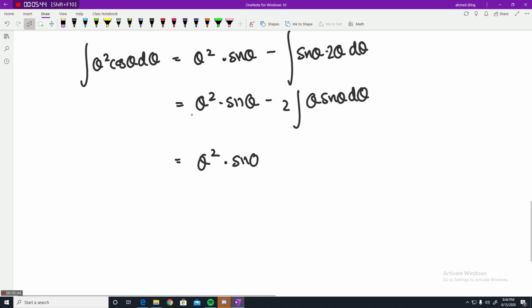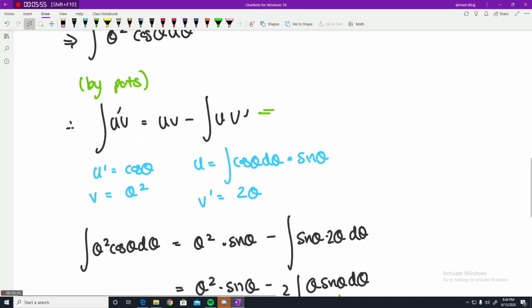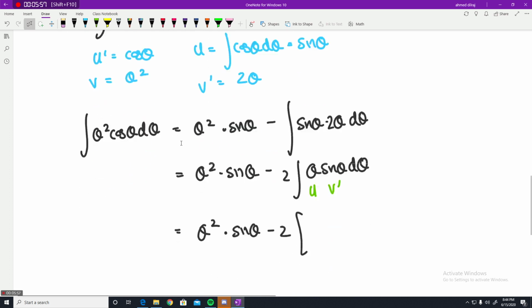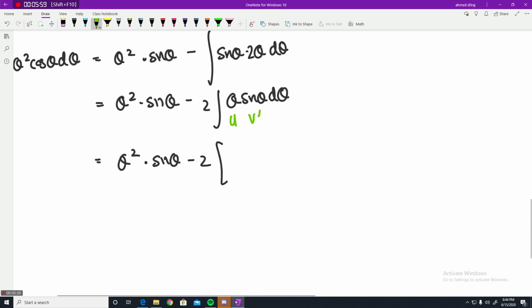So at this point, I'm going to select this to be my u, and I'm going to select this to be my v prime. So using the same formula above, we know that v is going to be minus cos theta. So we have theta times minus cos theta, because if v prime is sine theta, then v is minus cos theta, because it's the integral of sine theta.